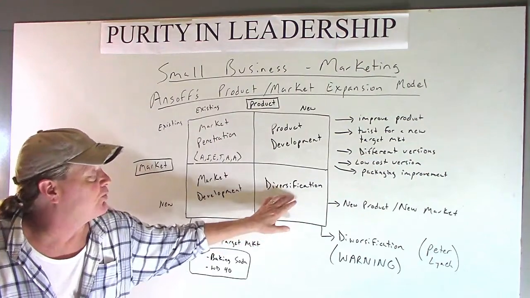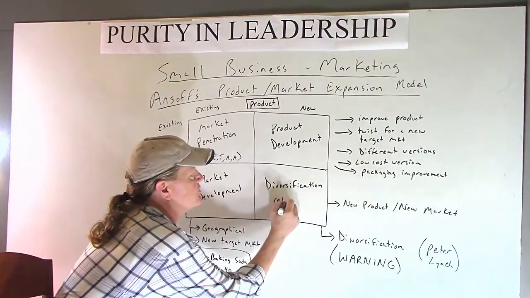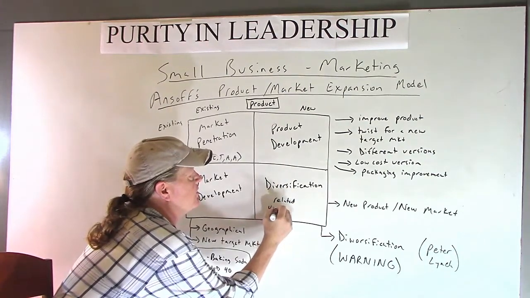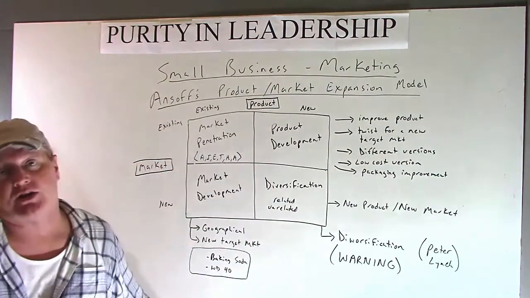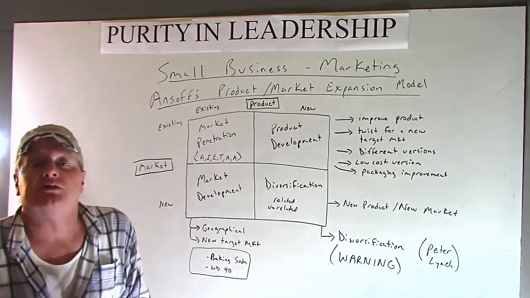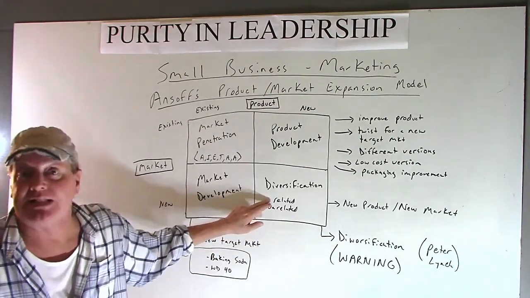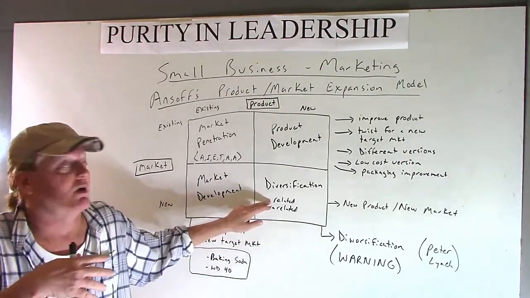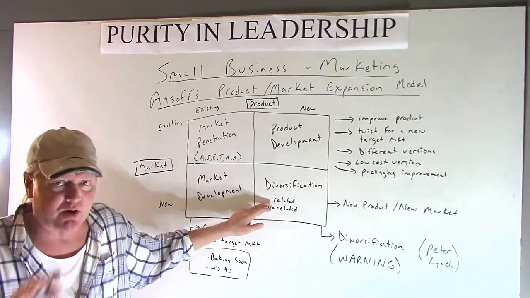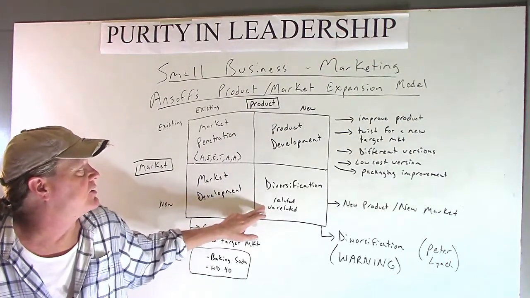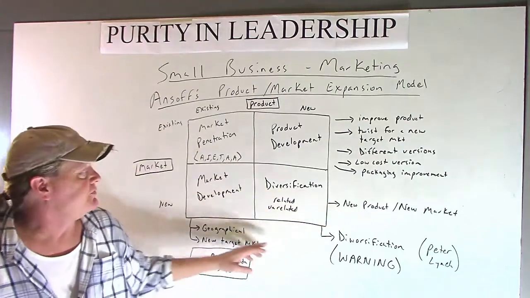I should point out here too that we can have related diversification and we can have unrelated diversification. In her case, she makes hot sauce and she makes fruit jam and jelly, and that would be related because it's in the food category, some of the same processes, some of the same bottling kinds of things. And we could also have unrelated. So we have a new product for a new market.